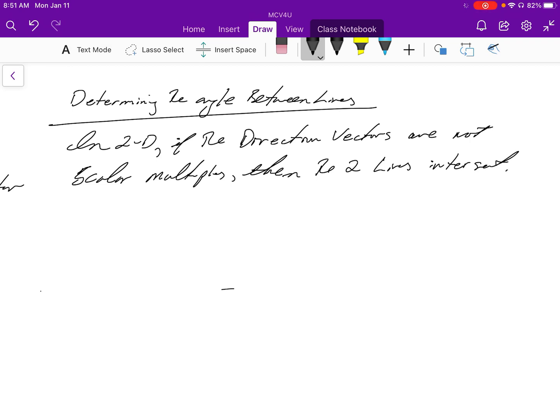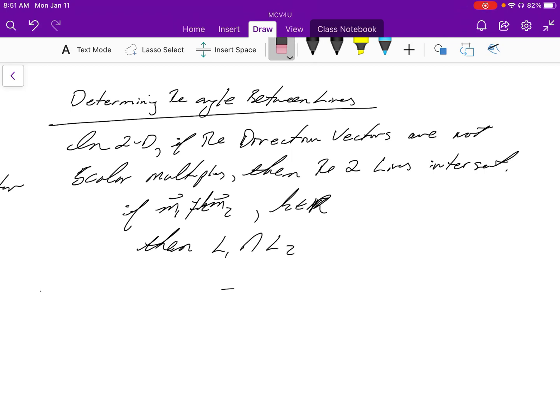So if the direction vector m1 is not equal to some scalar multiple k of m2, for k being some scalar, then we could say that line 1 intersects with line 2.